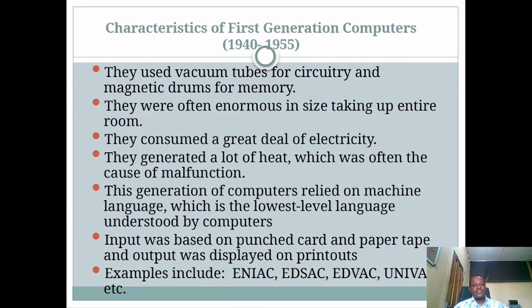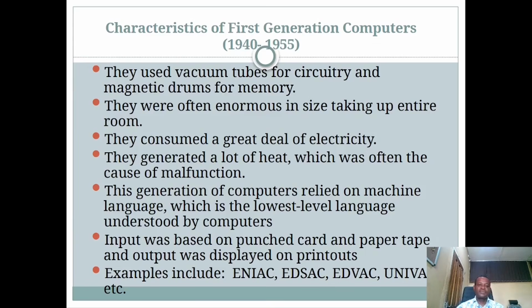Examples of first generation computers include ENIAC. ENIAC stands for Electronic Numerical Integrator and Calculator. In fact, it was one of the earliest first generation computer systems. It was the first, can I say, digital computer system.